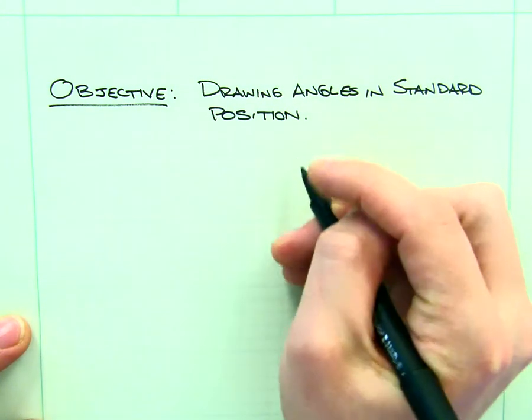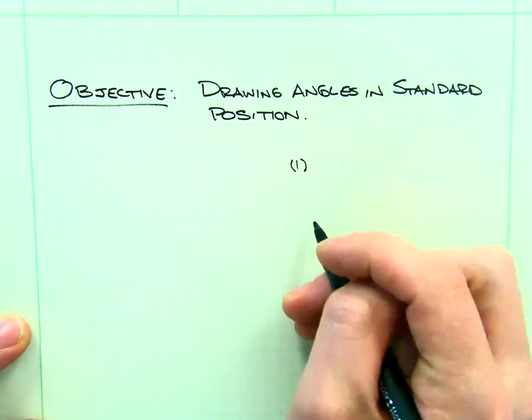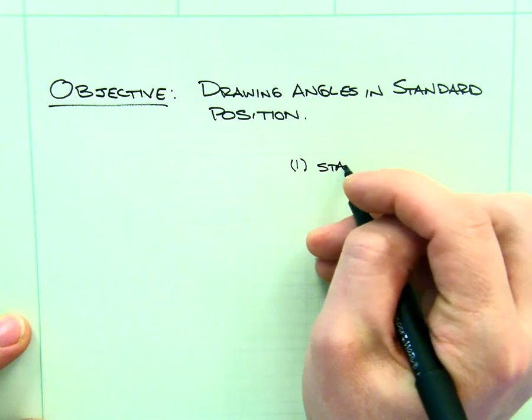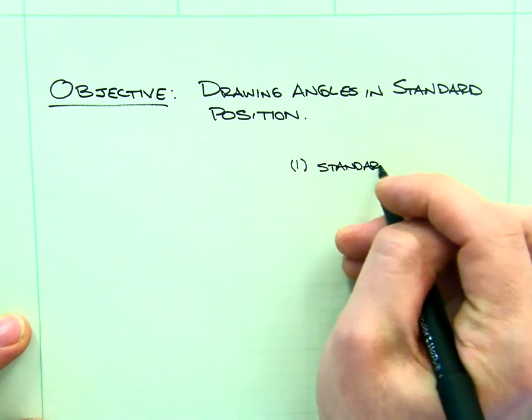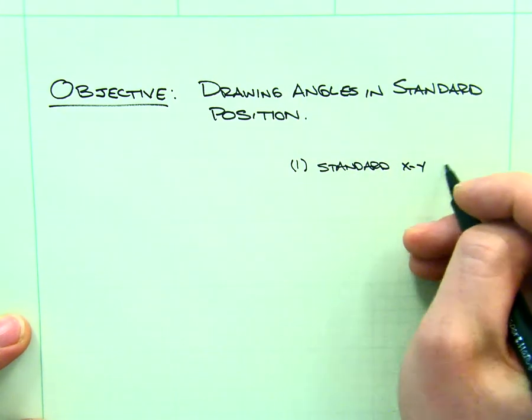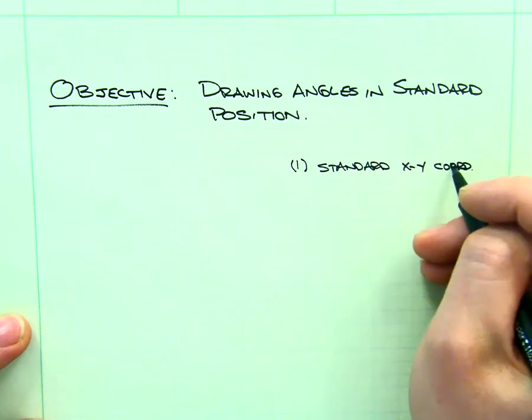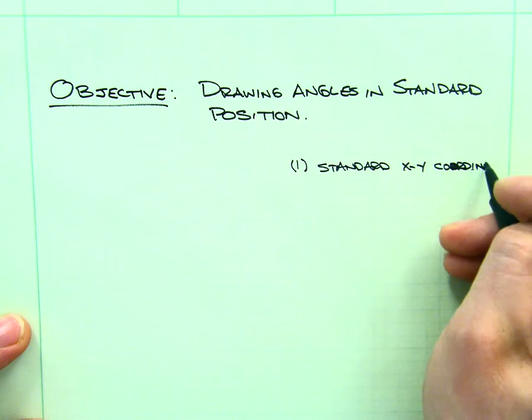There's a few key things that need to be done in order to draw angles in standard position. The one is to use a standard XY axis, or a standard XY coordinate plane.